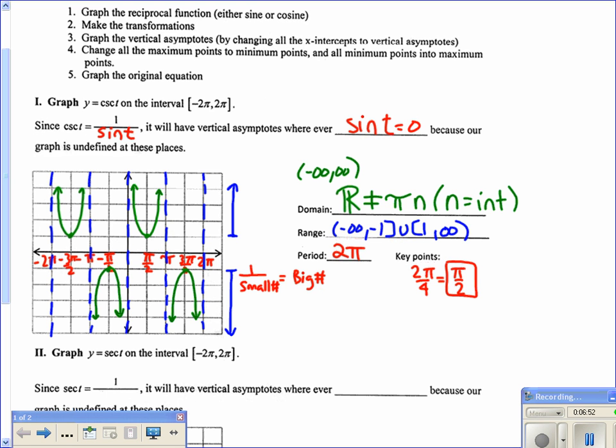And another thing to talk about: because our sine graph is an odd function, remember odd functions, if you have the point x, y in your graph, so pi over 2, we have 1, you should have negative pi over 2, negative 1, which we do have on our graph. So that means that this is an odd function. And remember that odd functions have origin symmetry.